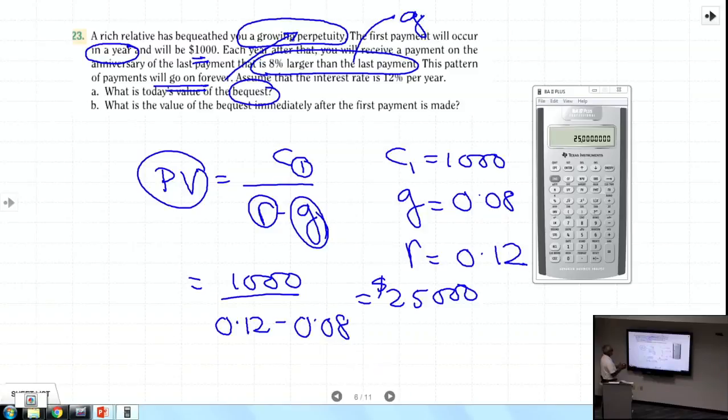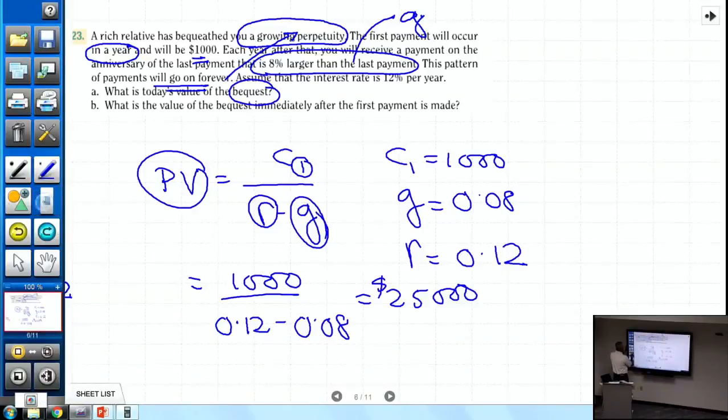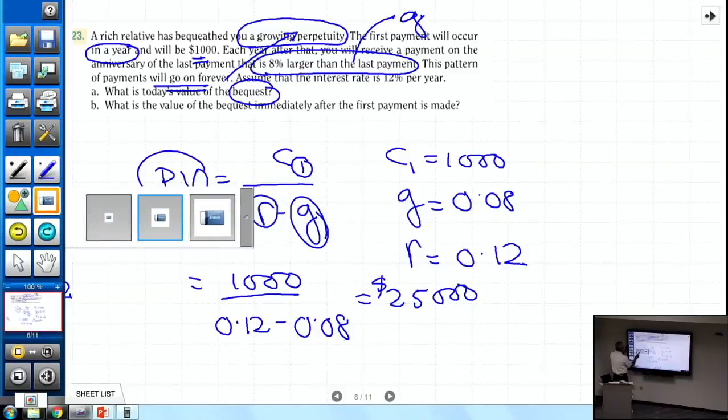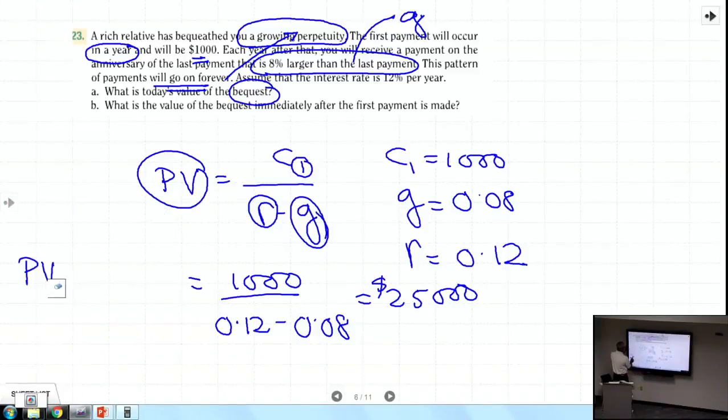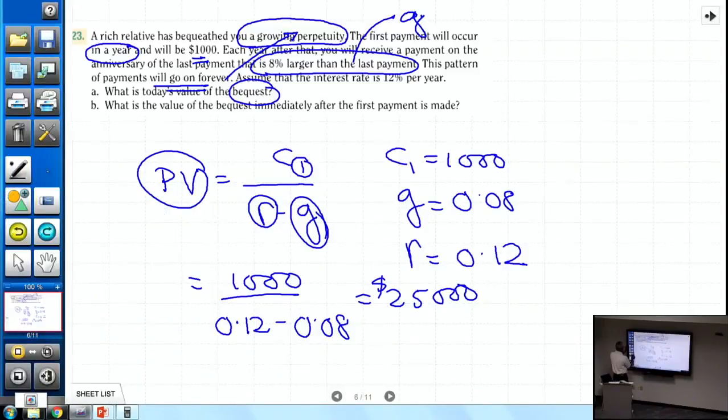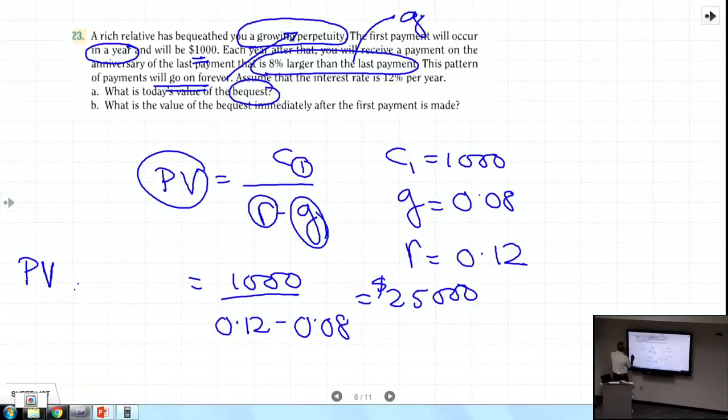Well, since it's a perpetuity, its value still remains as, so present value in year one will be cash flow in year two divided by R minus G. So cash flow in year two will not be 1,000 now.